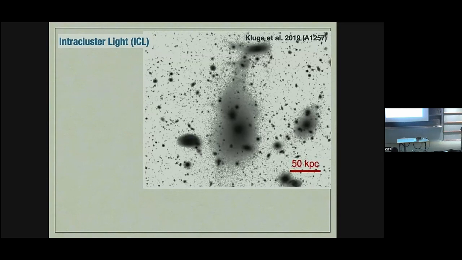So you could imagine that it probably isn't one simple path that creates the ICL, but rather multiple channels. I could maybe imagine that ICL created further away from the cluster potential might have a different origin than the ICL nearby. It's a good question and something people should pursue.